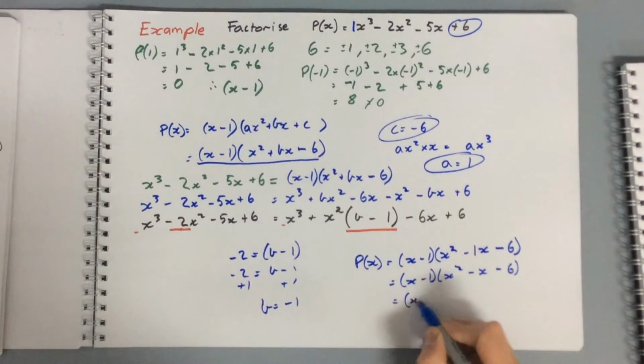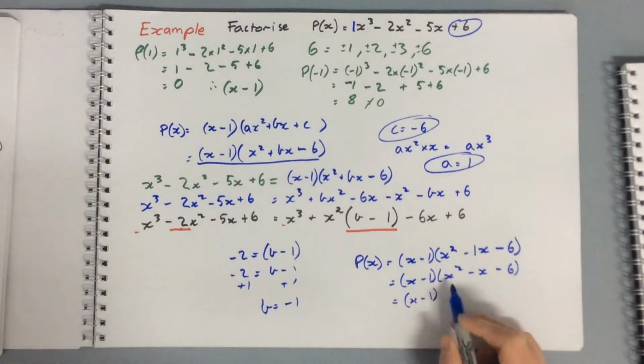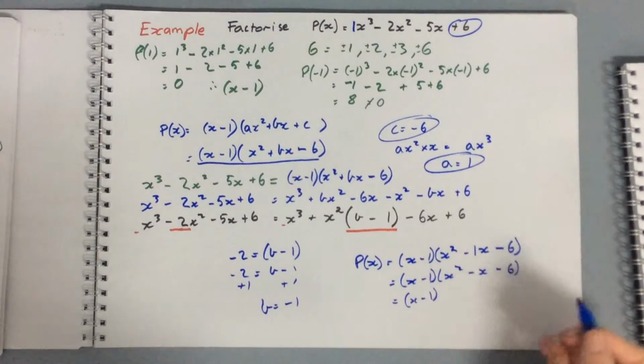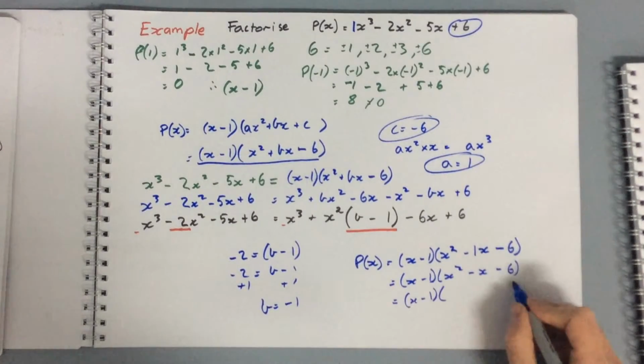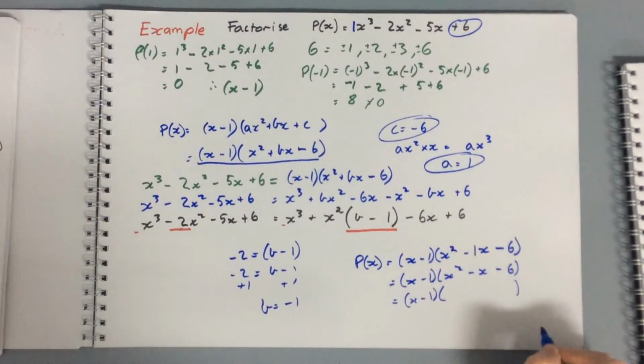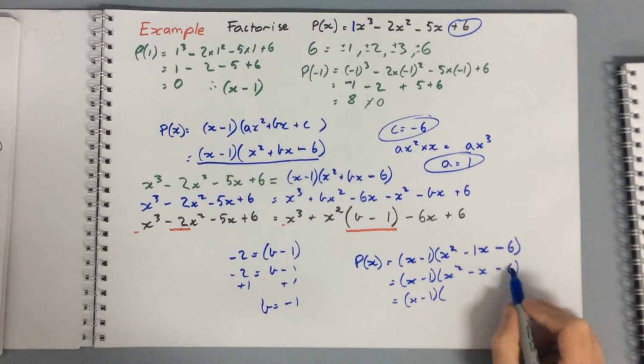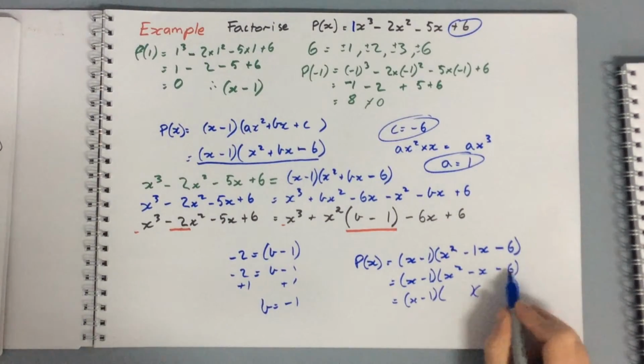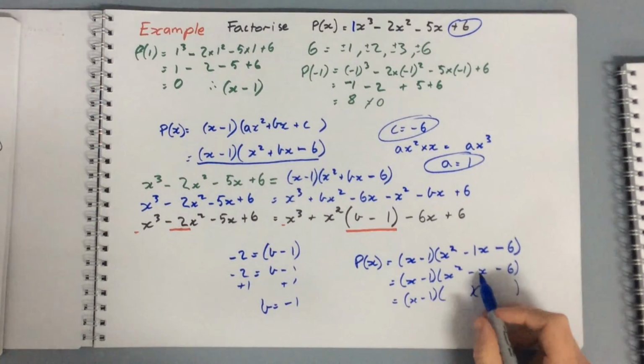Alright, what are the factors of that quadratic? Okay, you can use your quadratic formula, do whatever method you want to use. 2 numbers to multiply together to get minus 6. Well, I'm going to say minus 6 and positive 1. It gives us minus 6. Minus 6 plus 1.